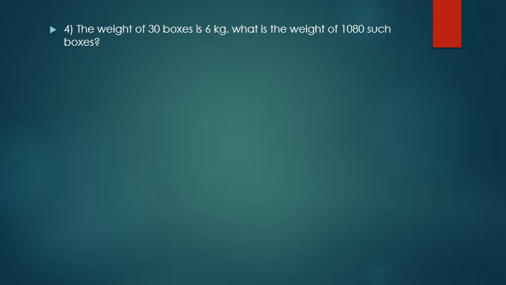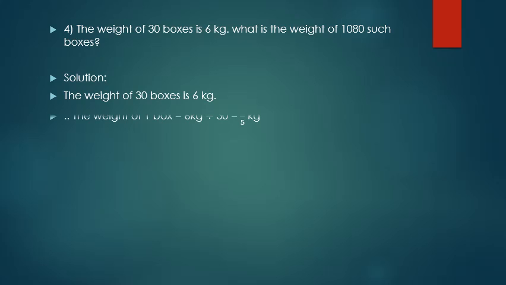Fourth sum. The weight of 30 boxes is 6 kg. What is the weight of 1080 such boxes? Solution. The weight of 30 boxes is 6 kg. Therefore, the weight of one box is equal to 6 kg divided by 30.